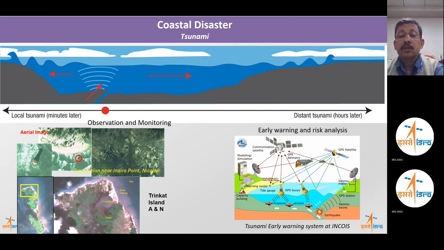And based on the signal, they identify the most suitable scenario from the library, and using that as a base, they send the warning to the people of the potentially affected areas for taking them to safer places. In fact, this warning is sent through loudspeaker system. It's sent through mobile as well as through radio.